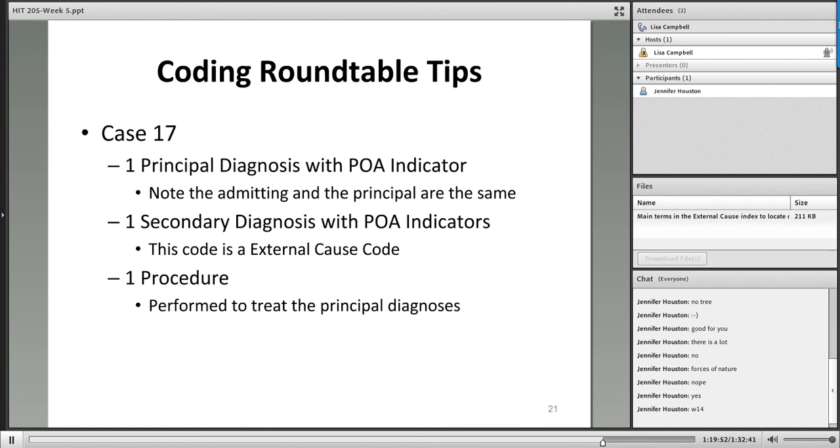What you picked up, Jennifer, was always watch out for the subterms. Under the subterms, what you picked up was tree under fall from, off, or out of. And this patient didn't fall out of a tree. He was struck by the tree.